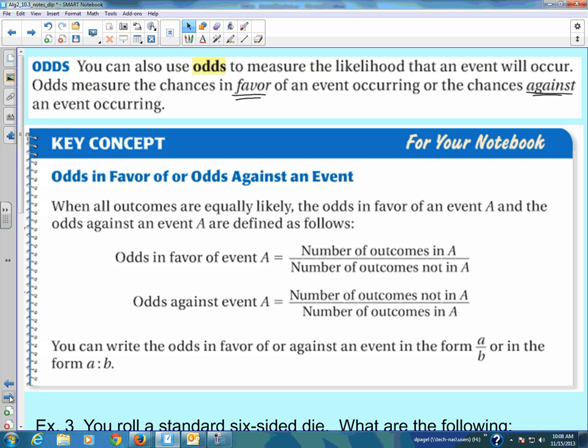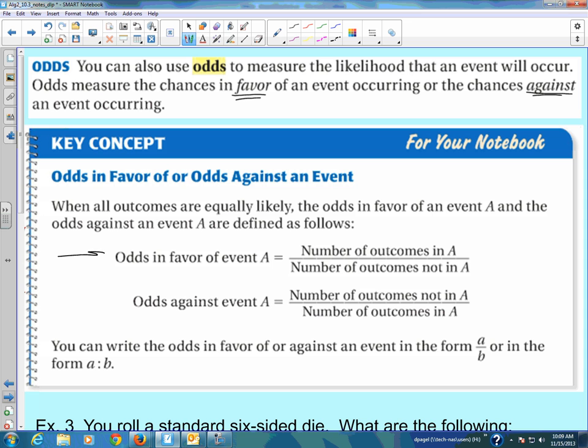Now what's different here is odds do not compare the number of outcomes of an event over the total, but instead compare the number of outcomes of an event over the number of outcomes that are not in that event. And here we can see the two different conditions.